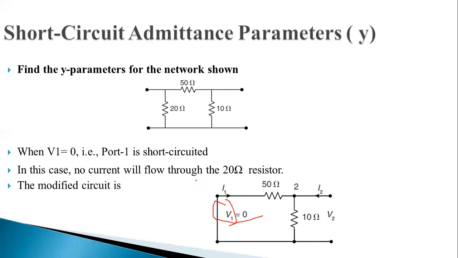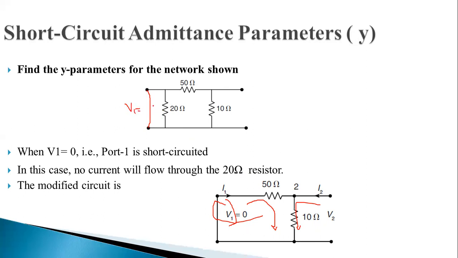Now with respect to that, we need to apply the various conditions, that is, KVL. We have the direction for I1 and the direction for I2, and I need to write the equation for that. One more thing we need to observe over here: V1 is 0.